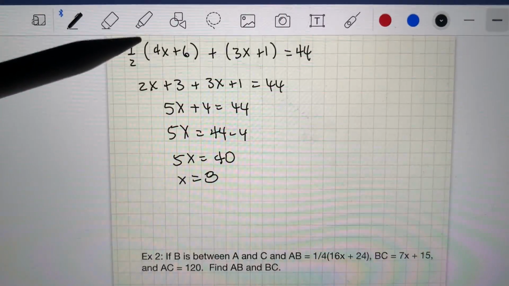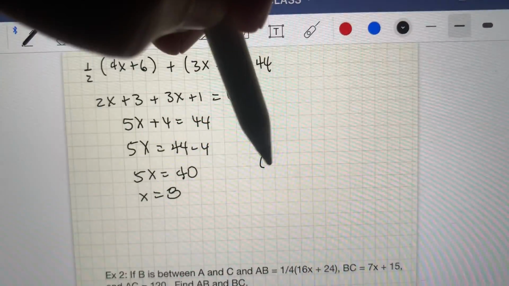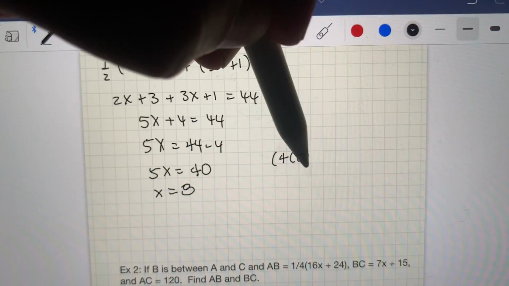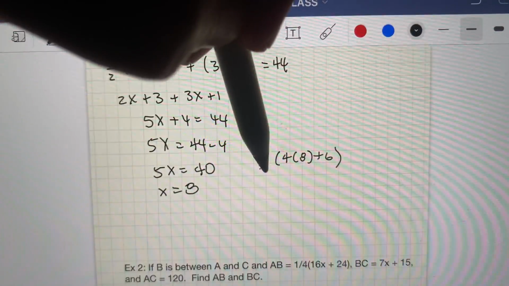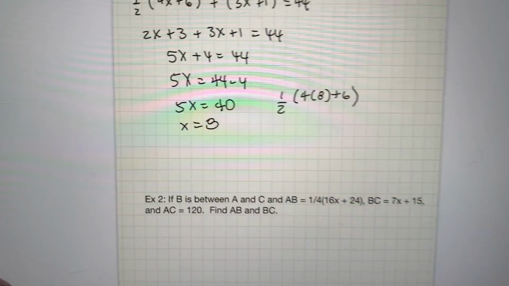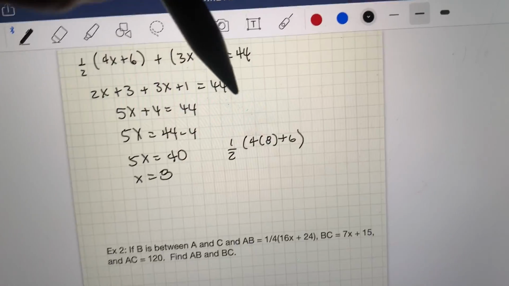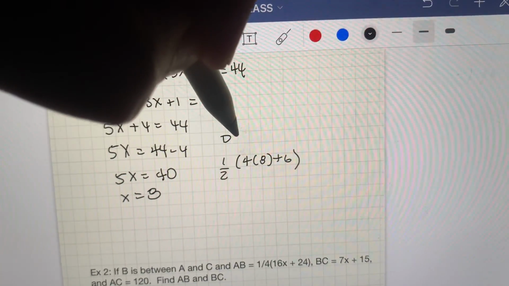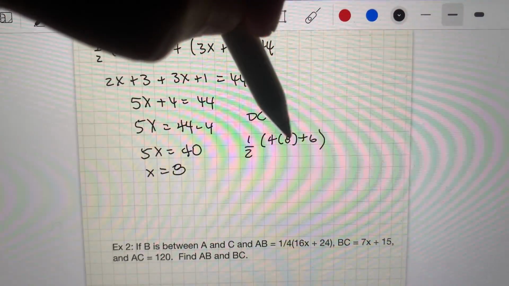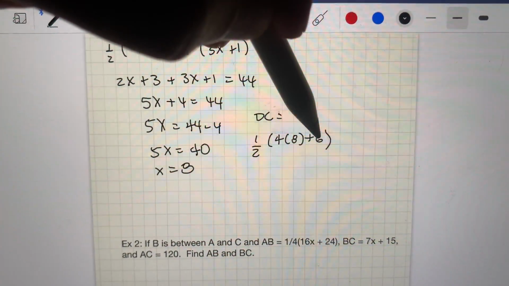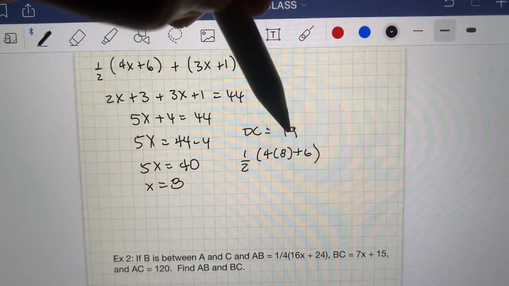The first segment would be 4 times 8 plus 6, and all that times 1/2. So segment DC is 4 times 8 is 32, plus 6 is 38, divided by 2, that's 19. Correct?